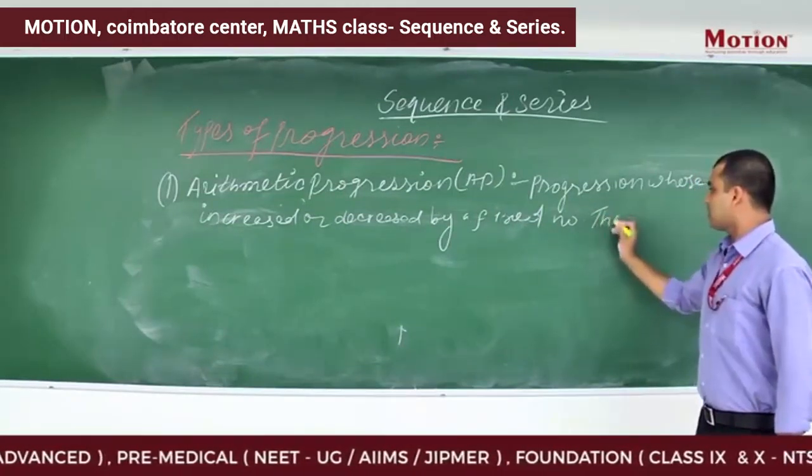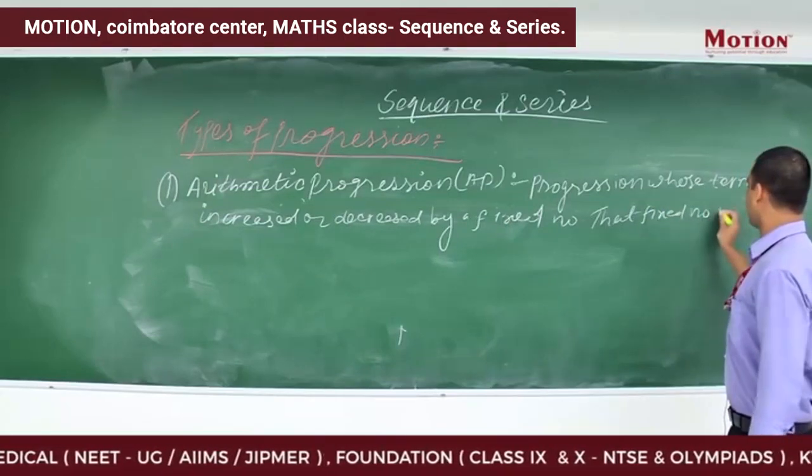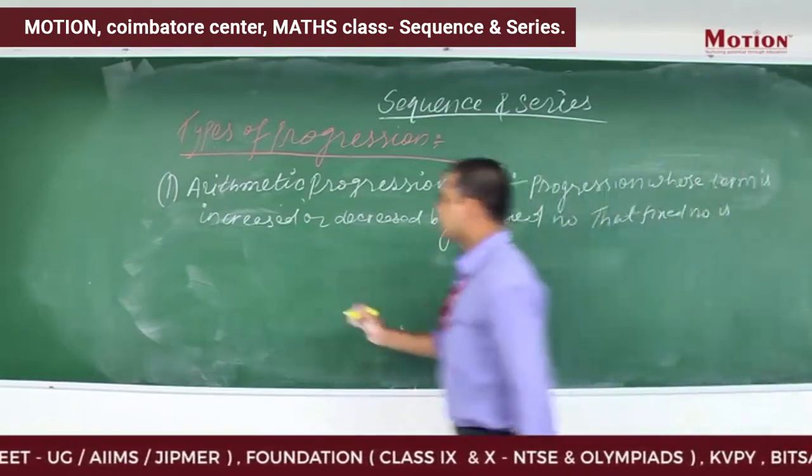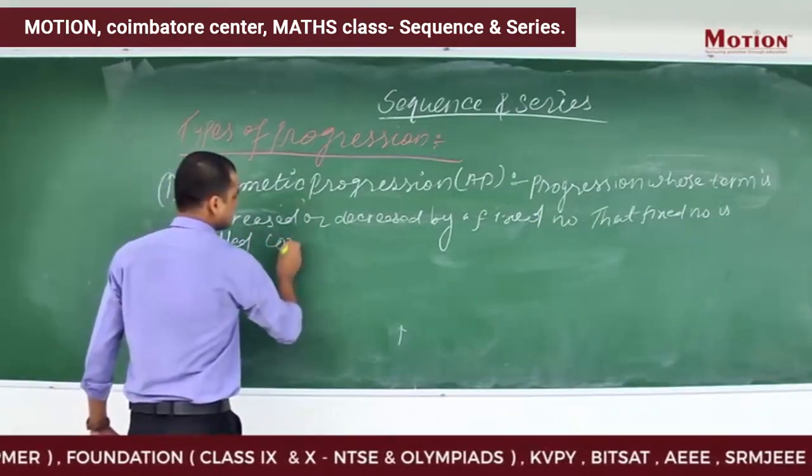That fixed number is called the common difference.